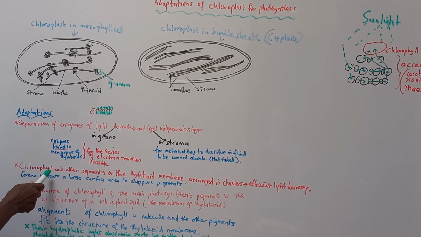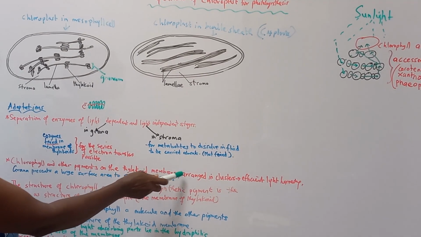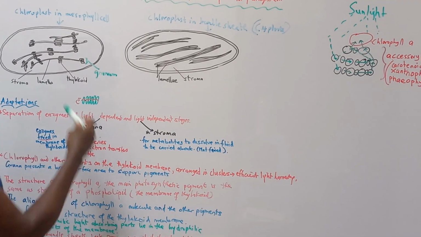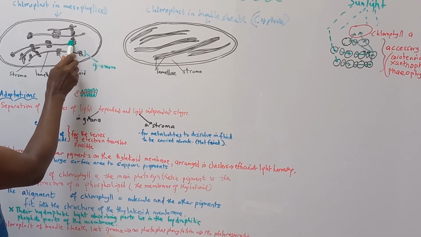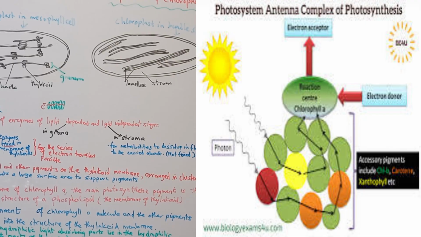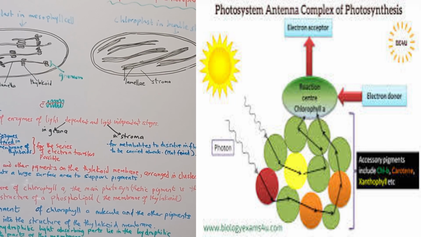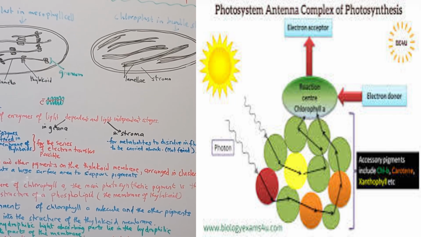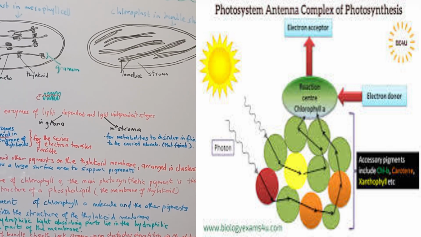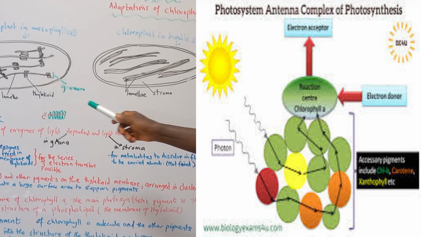Then we have the chlorophyll and other pigments on the thylakoid membranes arranged in clusters for efficient light harvesting. So the pigment molecules are not haphazardly arranged on the grana. Here we have chlorophyll A, which is the main photosynthetic pigment. Here are the accessory pigments, carotenoids, xanthophylls, and these pigments are arranged neatly on the thylakoid membranes.